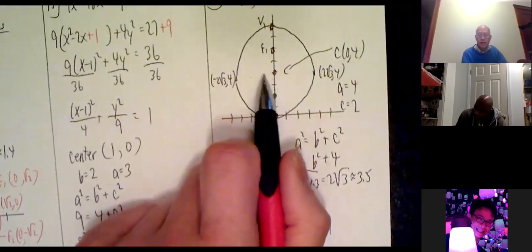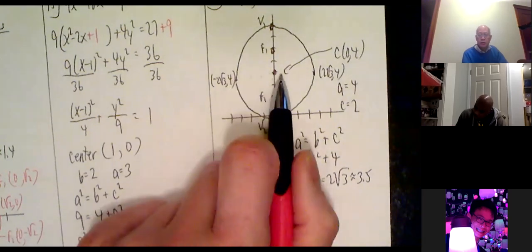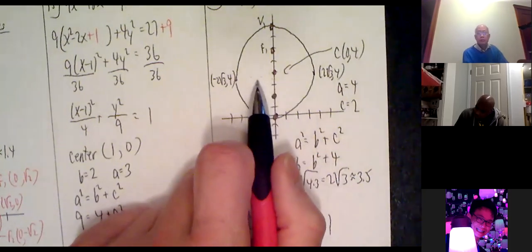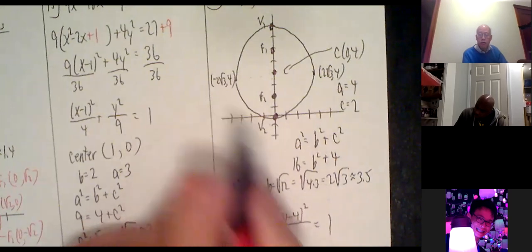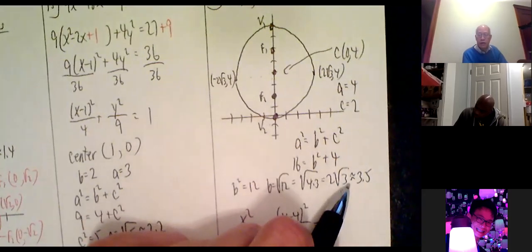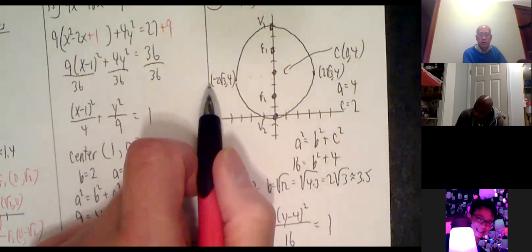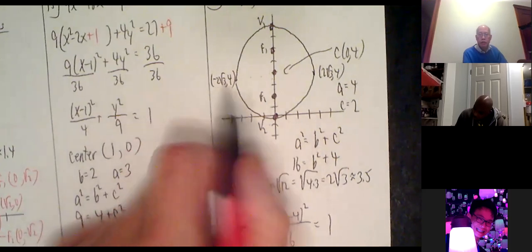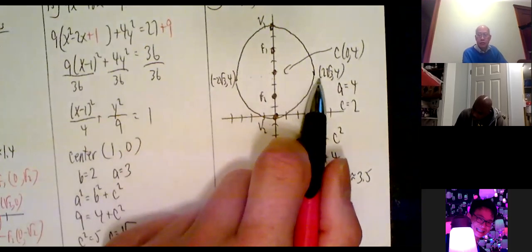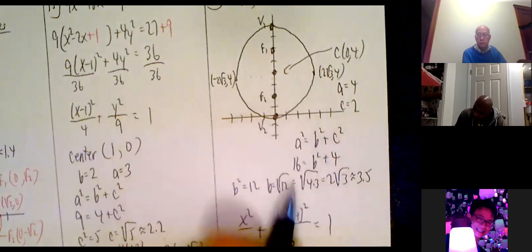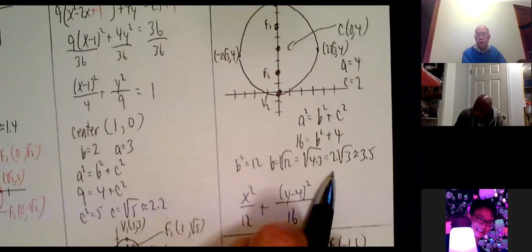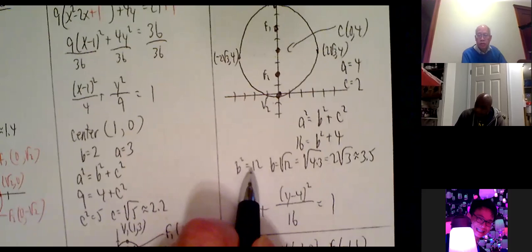So I go 3.5 to the left, 3.5 to the right, but you write them as exact values. So don't write it as negative 3.5, that's a rounding off. The exact value is (negative 2 radical 3, 4) and (positive 2 radical 3, 4). And I'm ready. b squared is 12.